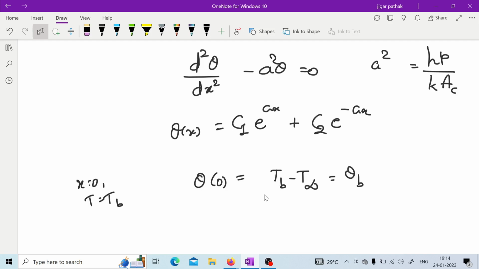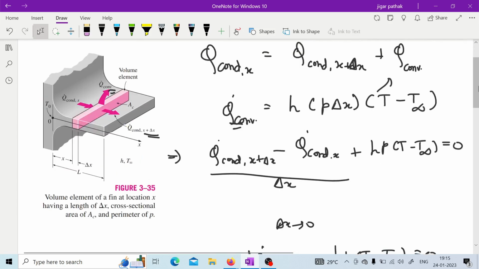Now in order to have the other boundary condition, which is at x is equal to L: at x is equal to 0, temperature is equal to base temperature, because in this fin at x is equal to 0 is the base temperature. Now the other boundary condition will be at x is equal to L. For that boundary condition, we have 3 or 4 different cases.